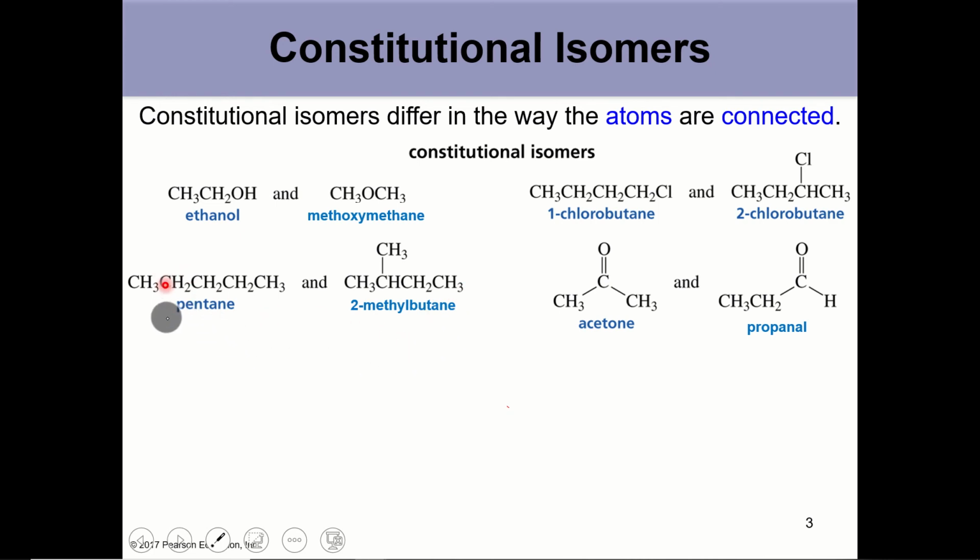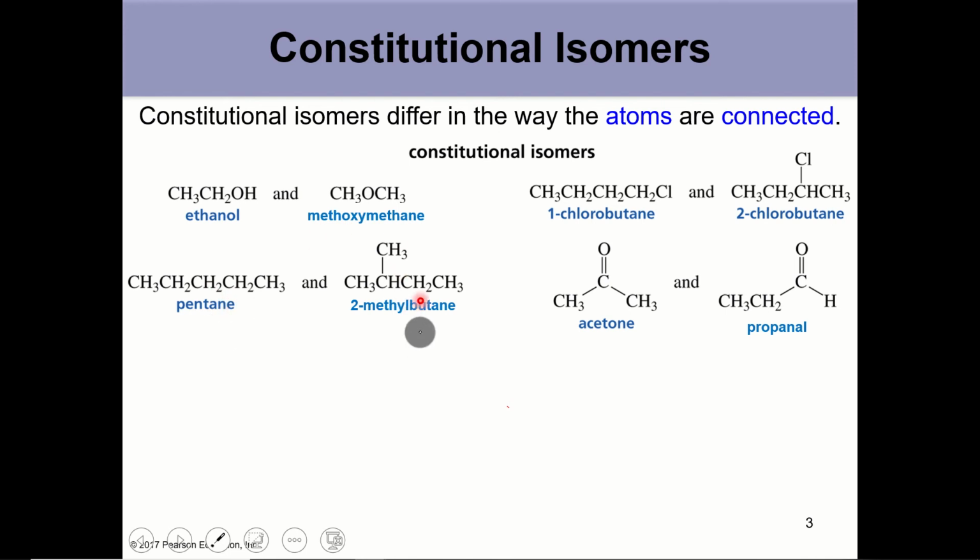So moving a carbon in the chain of pentane, like if I took carbon 1 of pentane, broke it off, and bonded it to carbon 2 of the butane that creates. So they both have 5 carbons.